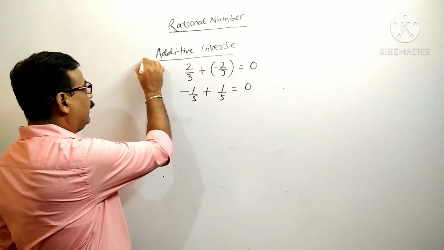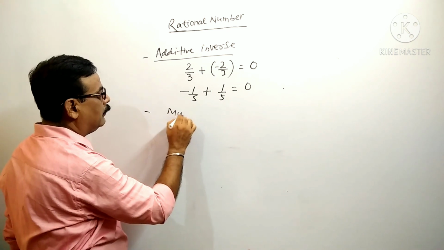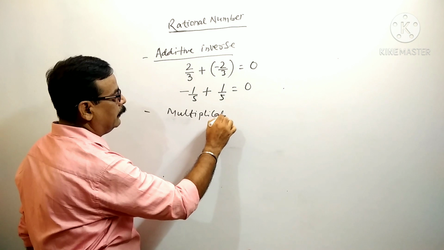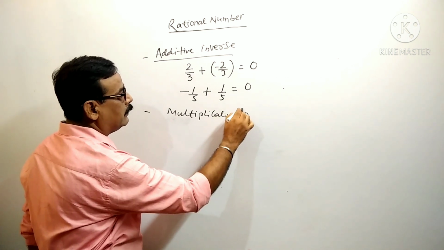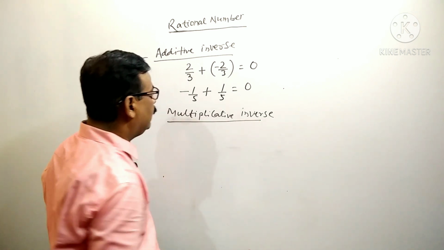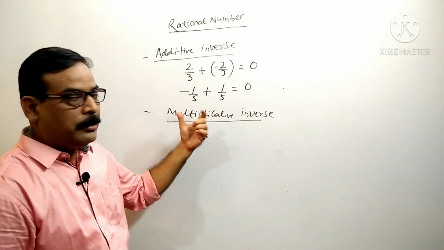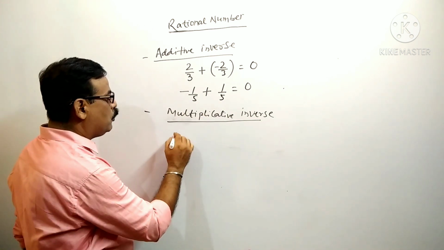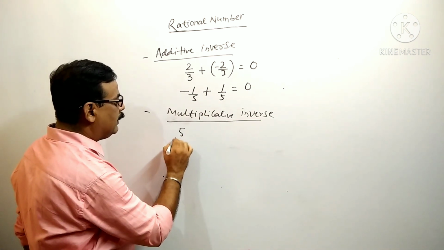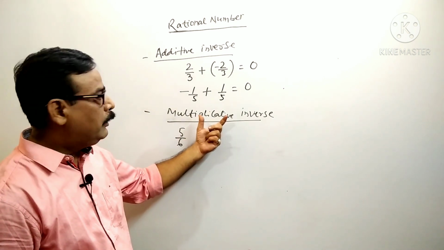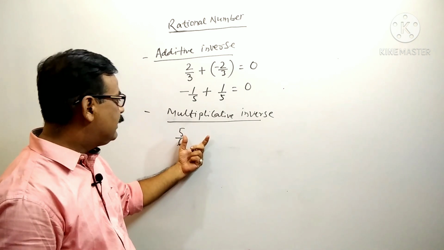Now we are proceeding to the multiplicative inverse. This is also a new term in rational numbers. So what is the multiplicative inverse? Suppose a rational number is 5 by 6 and you have to find the multiplicative inverse of this rational number.